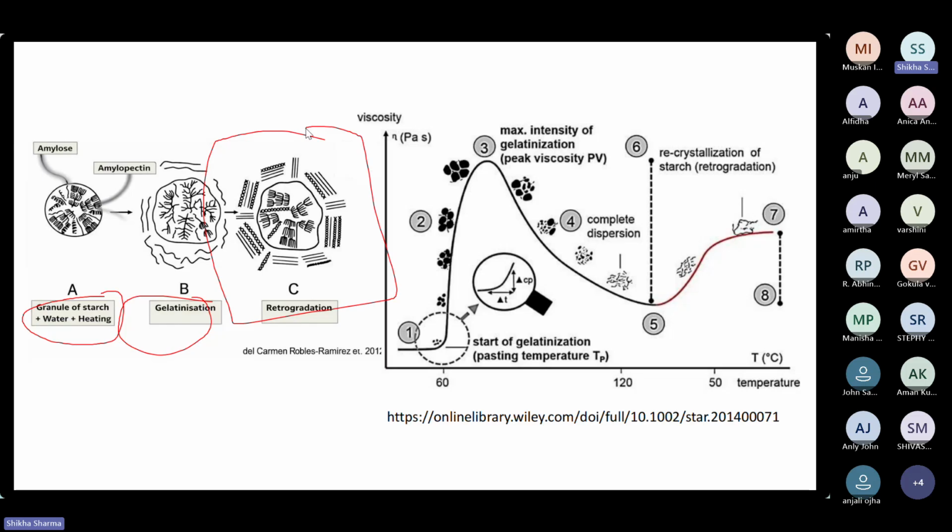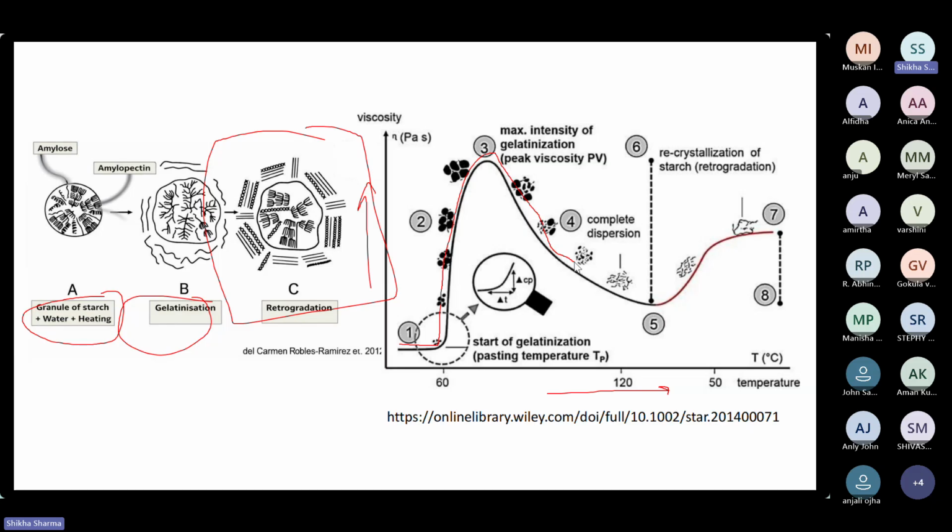If we see here, viscosity is plotted with respect to temperature on the x-axis. With an increase in temperature, we see the viscosity starting to rise as gelatinization begins. After that, there is maximum gelatinization and maximum viscosity is achieved.